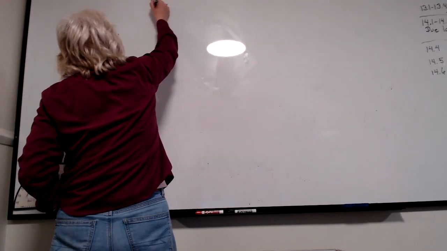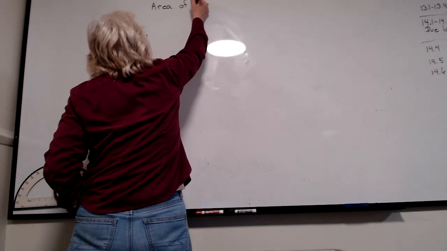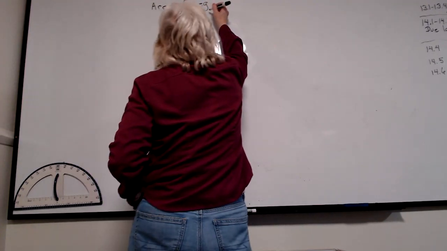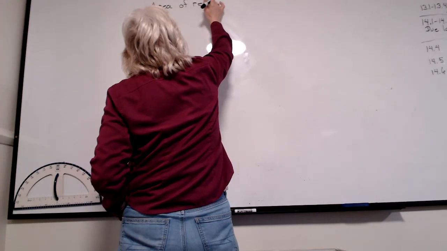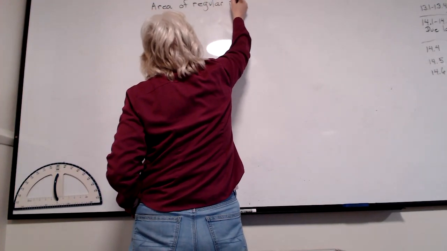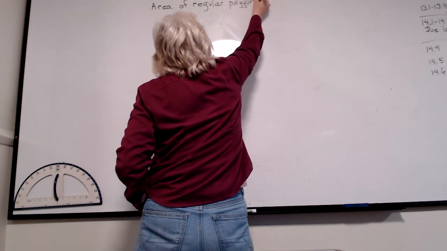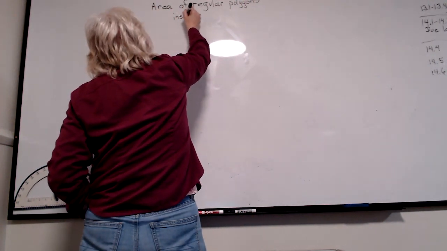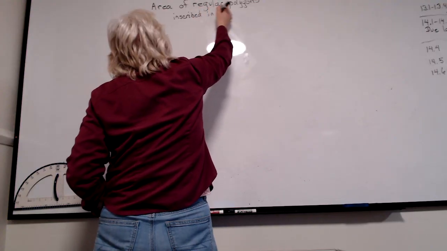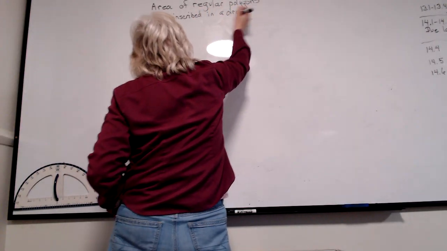Sorry. So, when we started talking about the area of regular polygons that are inscribed in a circle, we came up with the formula that the area of the polygon is equal to m r squared.